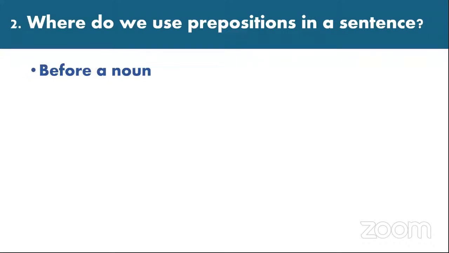Let's see how we can use prepositions before a noun. Look at this example. I went to Colombo. Can you identify the preposition here? I think you can. What is it? To.